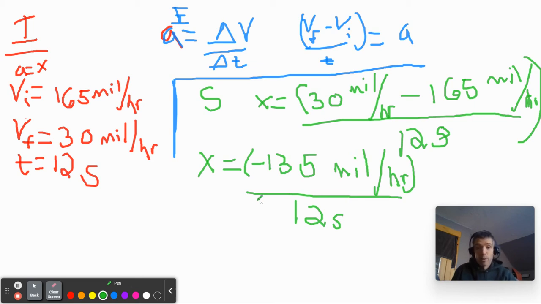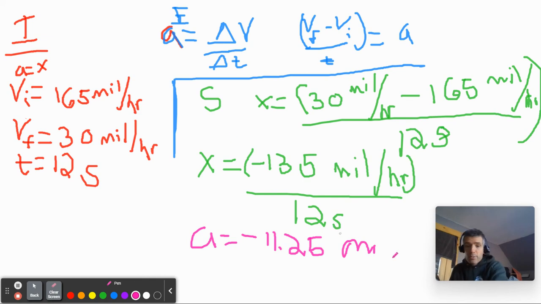And I get 11.25. So my solving is A equals negative 11.25 miles per hour per second.